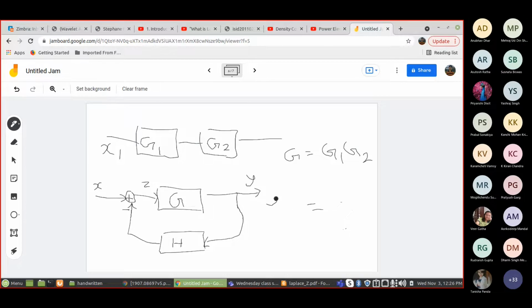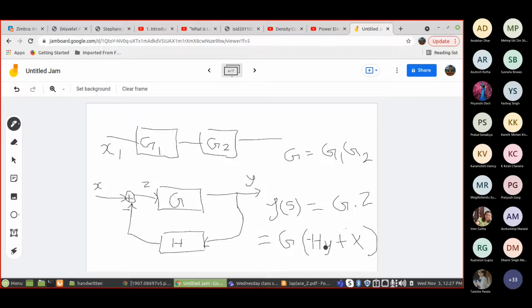Okay. So y of s is g of s times z of s. This is g times z, I may not write s. But what is z? z is negative h times y. So y times h is coming from here with a negative sign, and there is x coming in from there. Substituting for z, we can rewrite this.